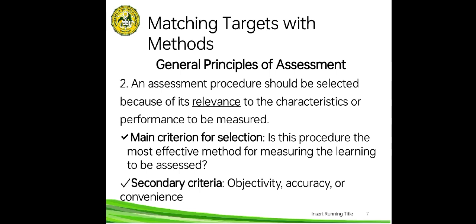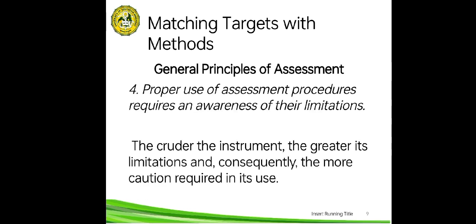Let's take this example. Don't use a true or false quiz to assess a skill like public speaking. That wouldn't be so relevant. Instead, observe the student during an actual speech with a rubric. And also consider, as stated in general principle number 4, that assessment requires an awareness of their limitation, because not all assessment methods are applicable to every learning target.